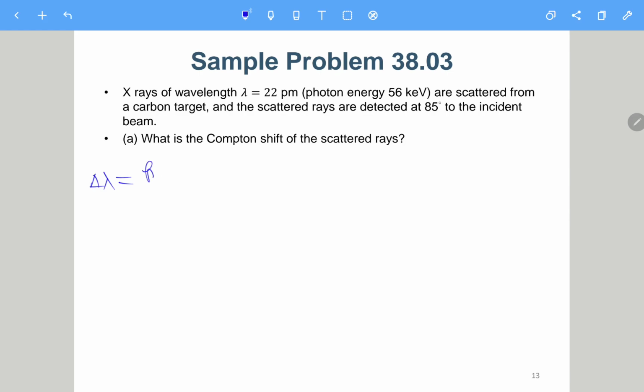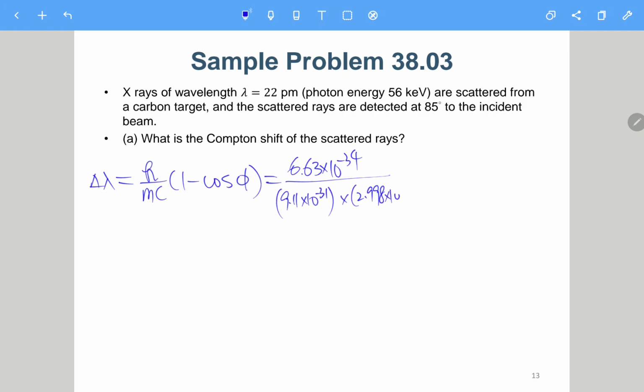Delta lambda is h over mc times 1 minus cosine of phi. h is 6.63 times 10 to the minus 34, m is 9.11 times 10 to the minus 31, and c is 2.998 times 10 to the 8th power, times 1 minus cosine of 85 degrees. Because it only asks you for the quantum shift at this angle.